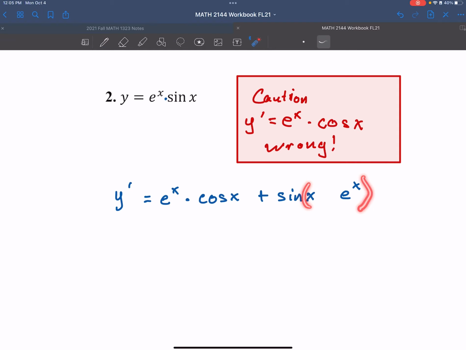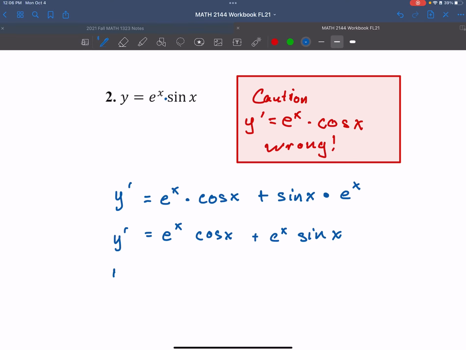More commonly, if you're going to use the product rule, be careful with that. Typically, we'll write the e to the x first. So typically, you'll see e to the x cosine of x plus e to the x times sine of x. That's the more common way to write that equation.